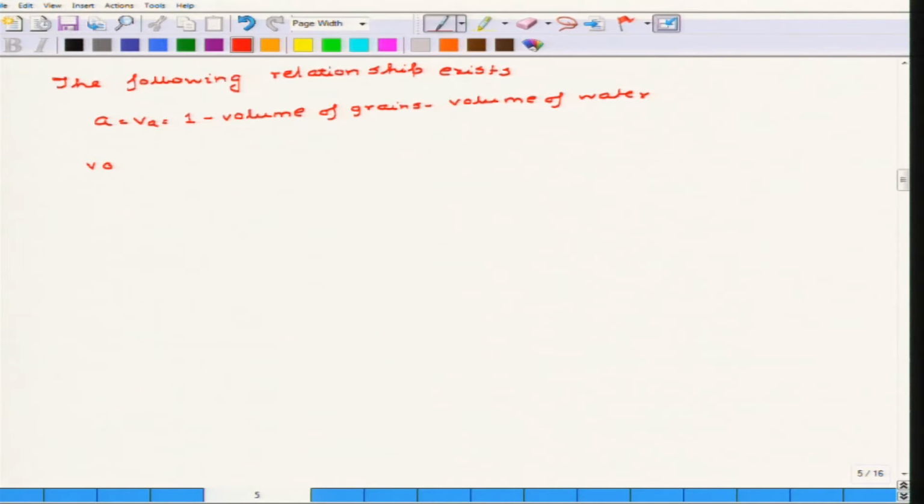Now, the volume of soil grains or soil solids, whatever you may call it, is equivalent to the weight of soil grains divided by gamma s, because the specific unit weight is weight by volume. So the volume of soil solids will be equivalent to the weight of the soil solids divided by the unit weight of the soil solids.